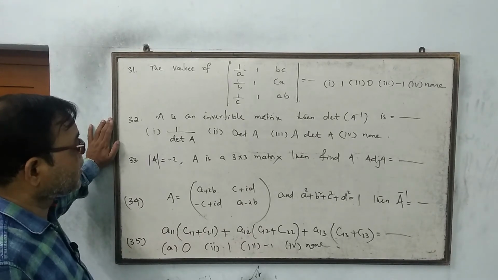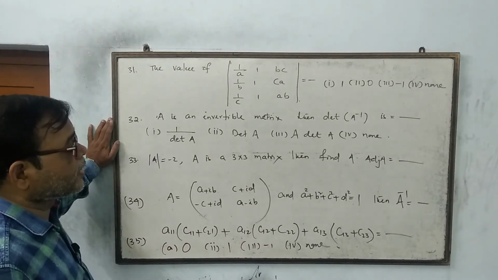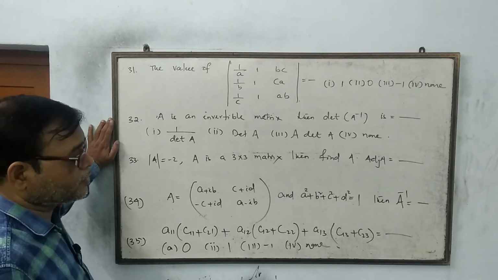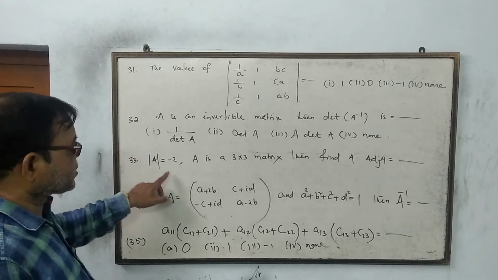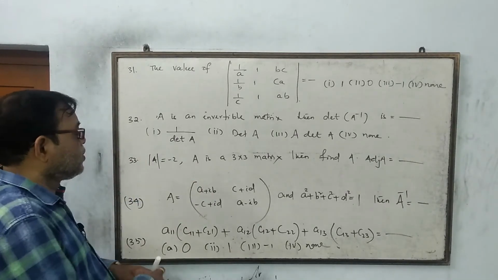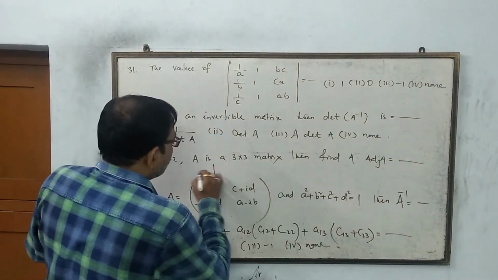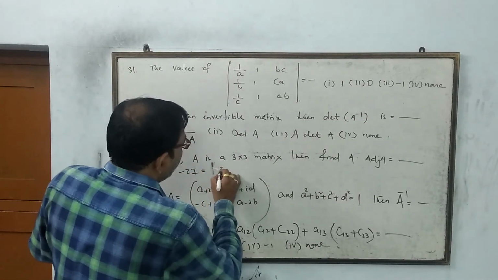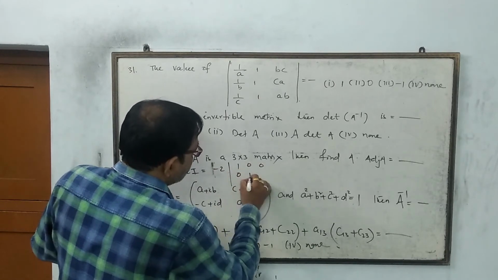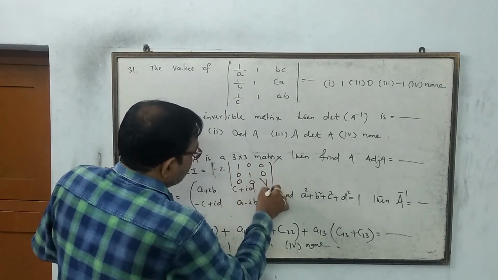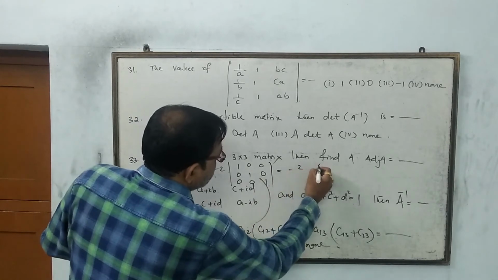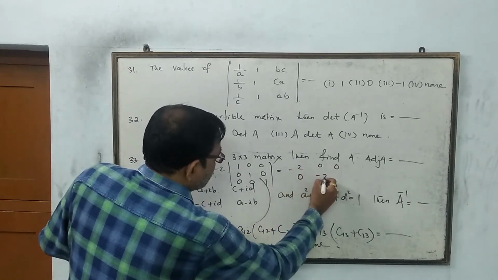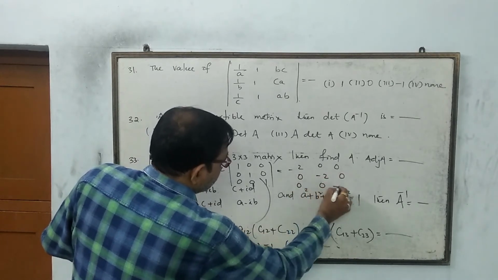A is a 3 by 3 matrix, then find A into adjoint A. Answer is A into adjoint A is equal to determinant of A into I. So your answer would be minus 2 into I. Answer is minus 2 into 1, 0, 0, 0, 1, 0, 0, 0, 1. So answer is minus 2, 0, 0, 0, minus 2, 0, 0, 0, minus 2.